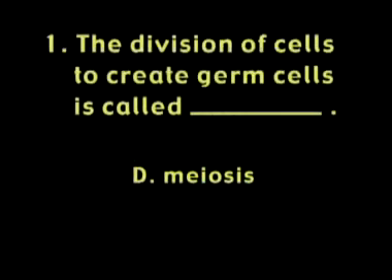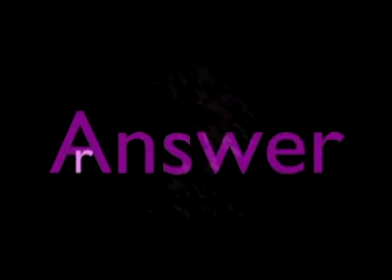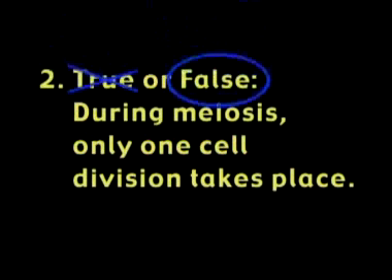Question 1. D. Meiosis is the division of cells to create germ cells. Question 2. False. A gamete is the result of a germ cell dividing twice. Question 3.